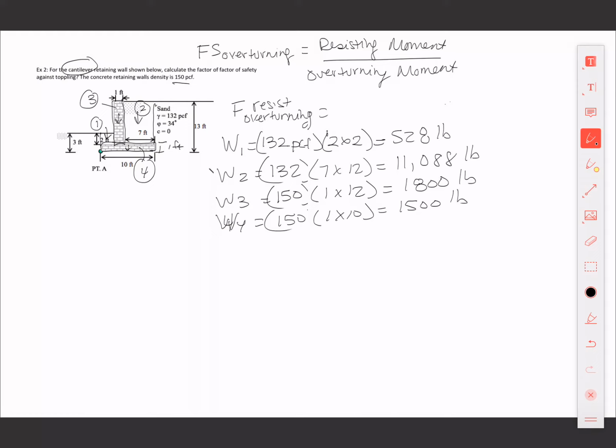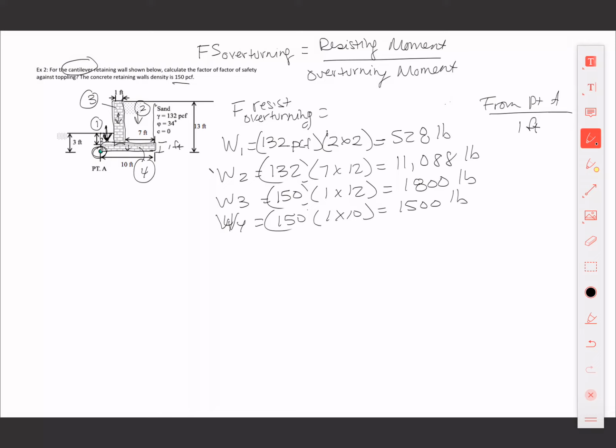Now that we know the weight of each of those, we need to know where it's acting. Since all of these are rectangles, we can calculate where they're acting for each of these forces. So in this case, for 1, it's acting in the center. If we're going to figure out where the overturning is occurring from point A, here's point A, we're going to figure out how far each of these forces are from point A. So from point A, the first force is acting 1 foot away.